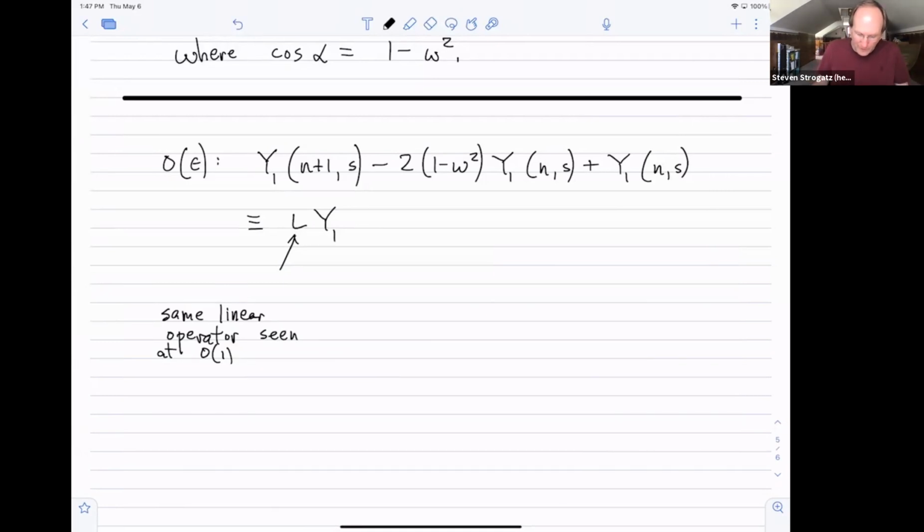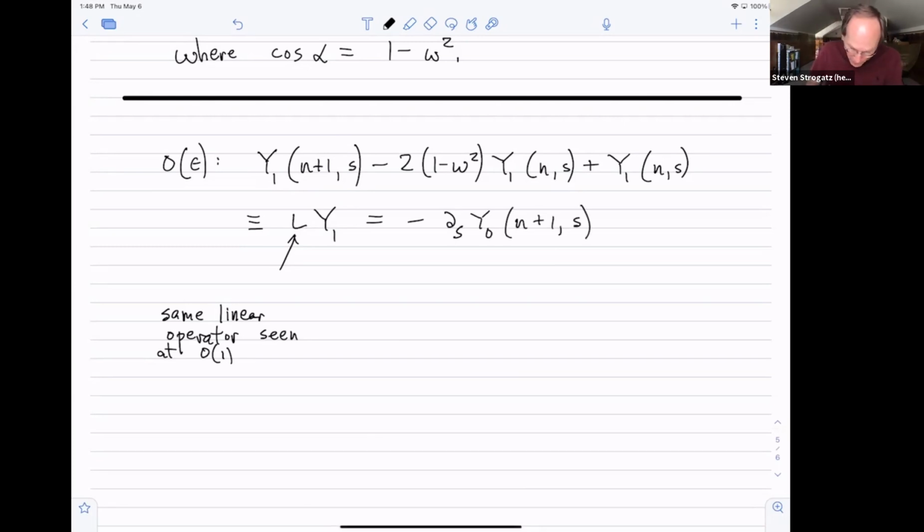Now it's acting on the y1 term rather than the y0 term, and it's going to equal all kinds of stuff on the right-hand side, which comes from y0, which turns out to be this: minus partial with respect to s of y0 at n plus 1 comma s. That's one such term.